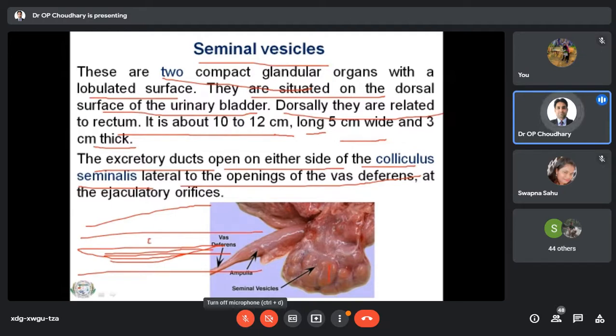There are two openings for the vas deferens, and on the lateral aspect of these two are the openings of the seminal vesicles. So they are paired compact glandular organs with lobulated surfaces.